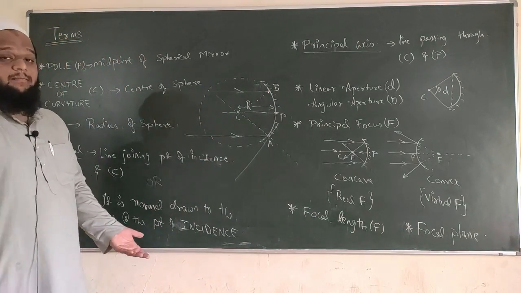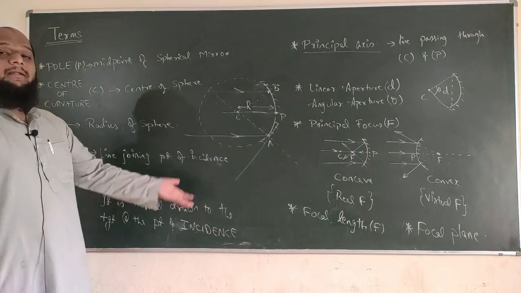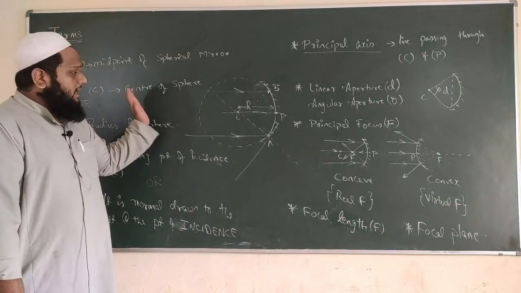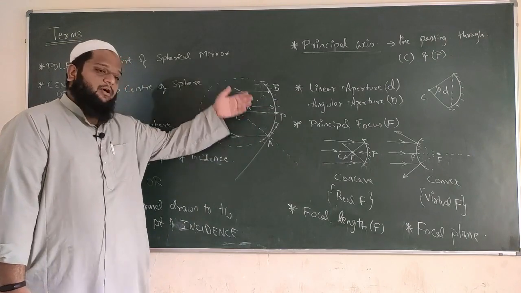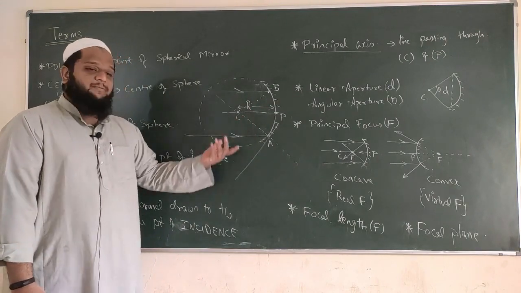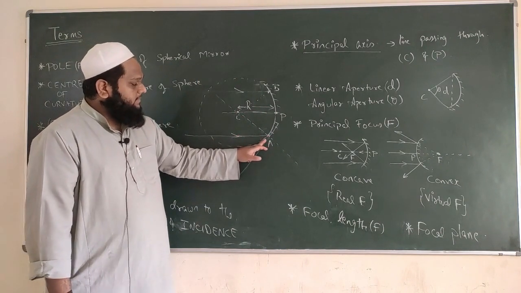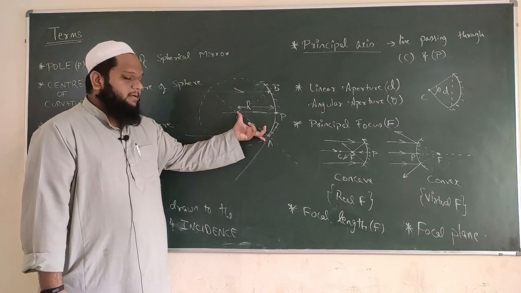So how many normals can be drawn to a spherical mirror? Any number of normals can be drawn, based on how many rays are incident on it. If 100 rays are incident, then 100 different normals will be there. Will all the normals be of the same size? No, because if the light is incident over here, you have a normal from here to here.